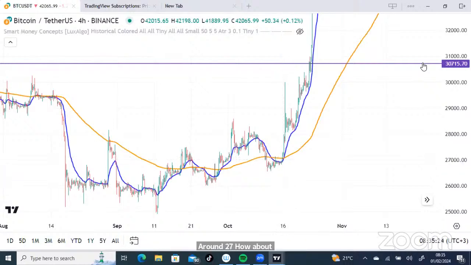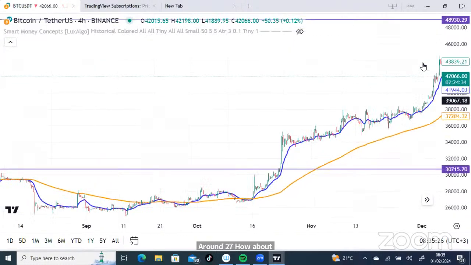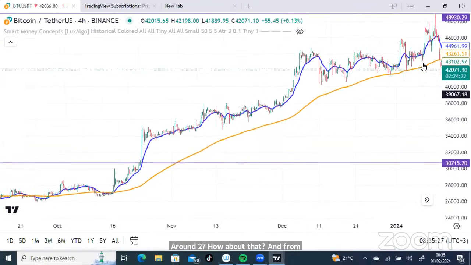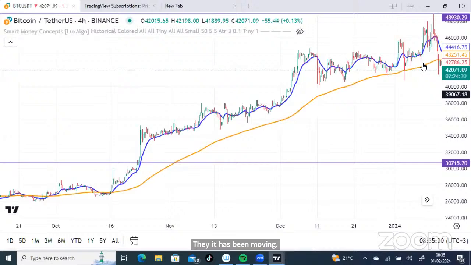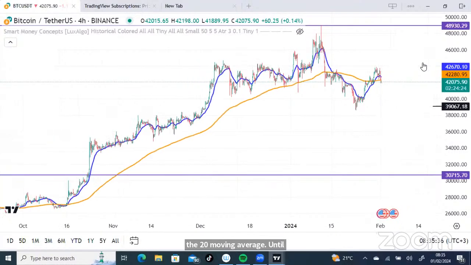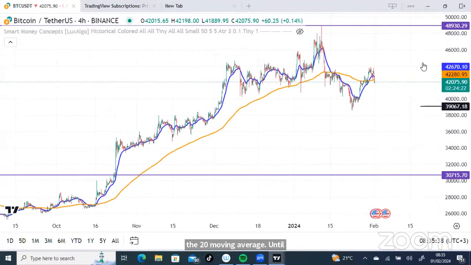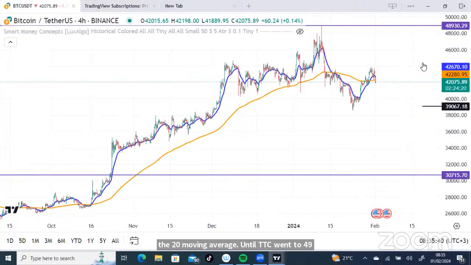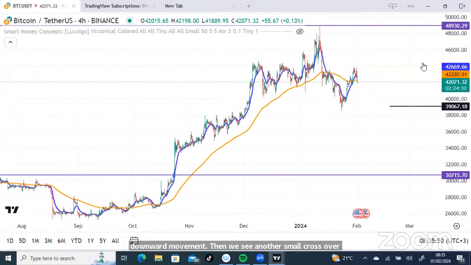And from then, it has been moving above the 200, but also above the 20 moving average, until BTC went to $49,000. Then later, we see another crossover up here, then a little downward movement. Then we see another small crossover there because I'm in the 4-hour time frame.